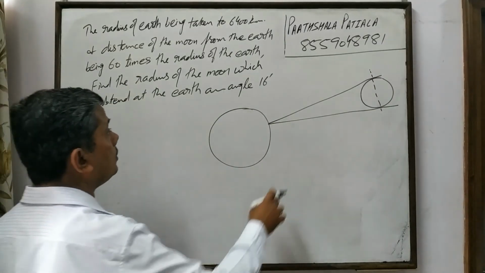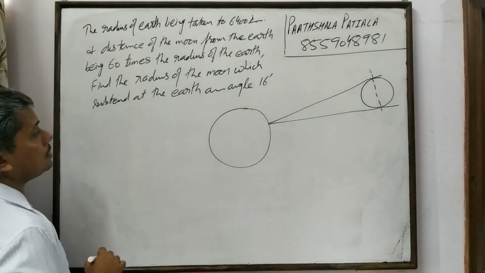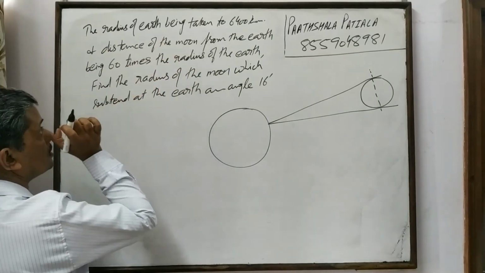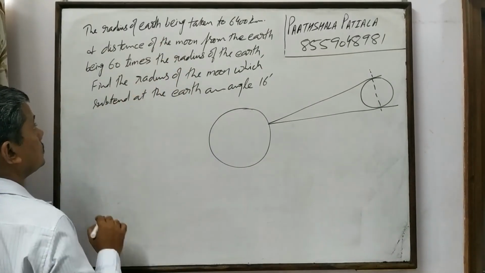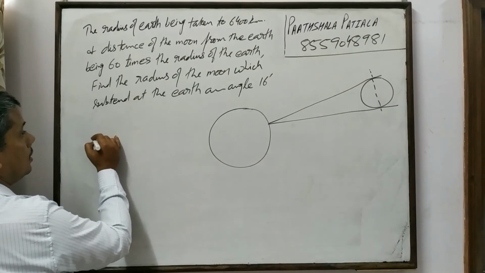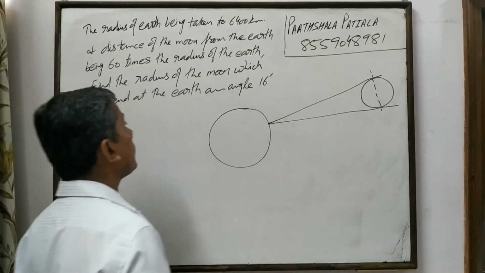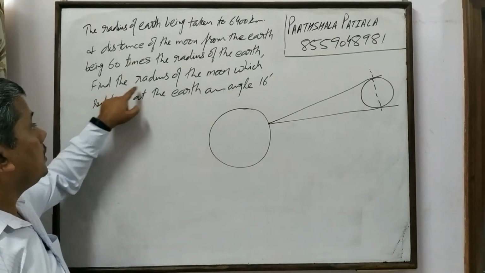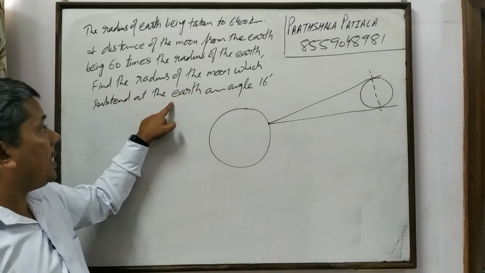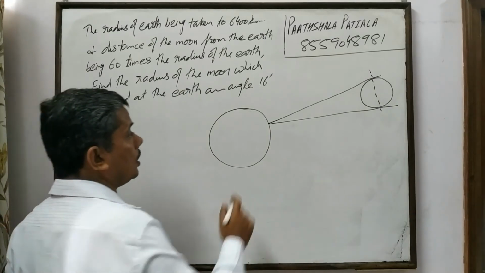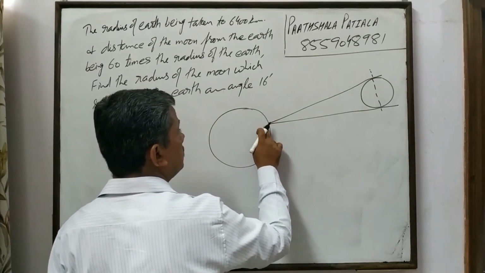This is considered to be 60 times the radius of earth. Now if you observe, read it out carefully. Find the radius of the moon which subtends at the earth. At the earth means you are measuring from this point at the surface of earth.